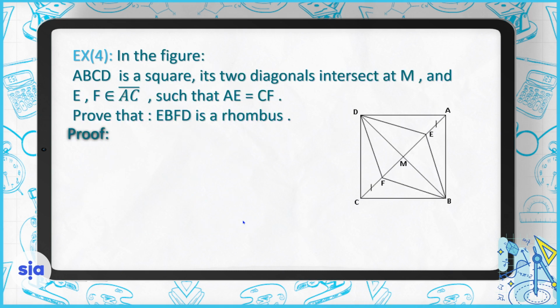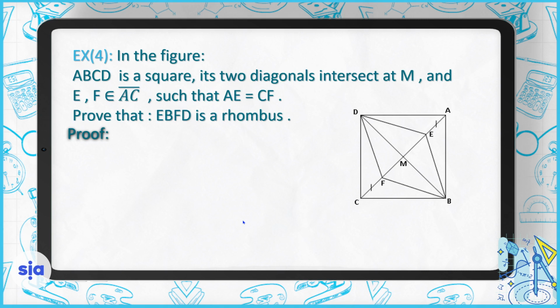Exercise number 4. In this figure, ABCD is a square, its two diagonals intersect at M, and E and F belong to AC, such that AE is equal to CF. The question wants me to prove that EBFD is a rhombus. Since ABCD is a square, therefore AC is perpendicular to BD, and also AC is equal to BD.